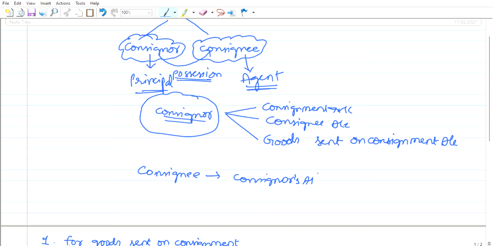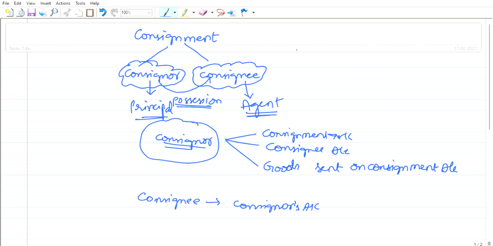And one more thing, in consignment the consignee will work for the consignor for commission only, and the commission is again divided into normal or ordinary commission, the second one is del credere commission, and the third one is overriding commission.